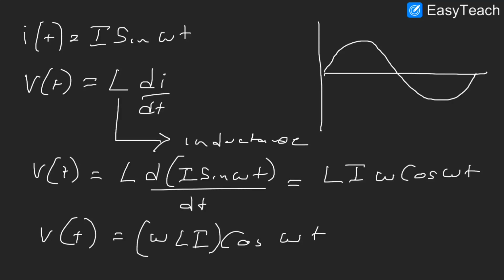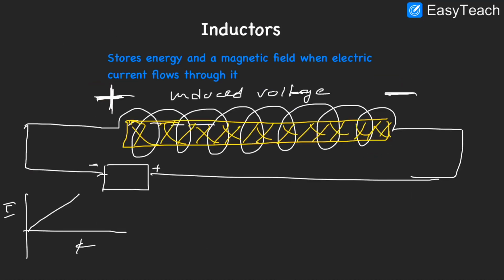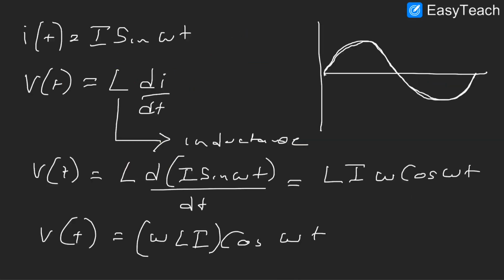Alright. So you see, if you have a current source that is a sinusoidal wave, that is a sine wave, your voltage that is induced, this voltage across the inductor, is going to be a cosine wave. So the voltage is going to lead the current.